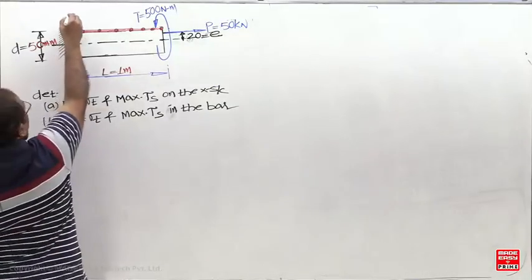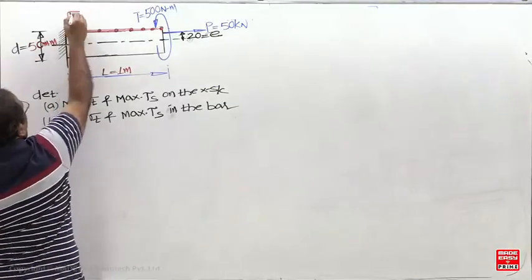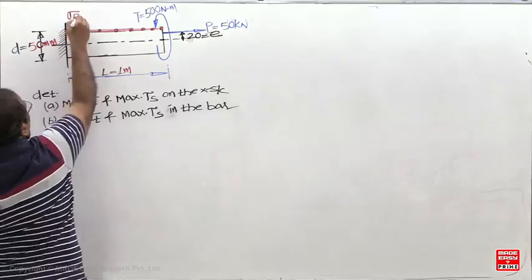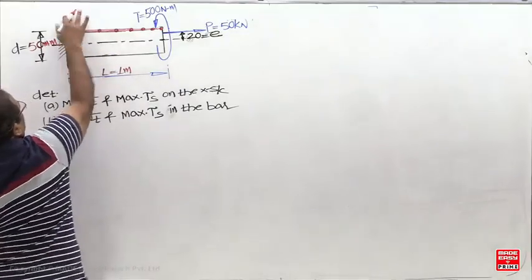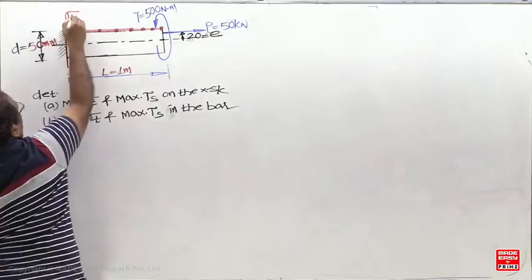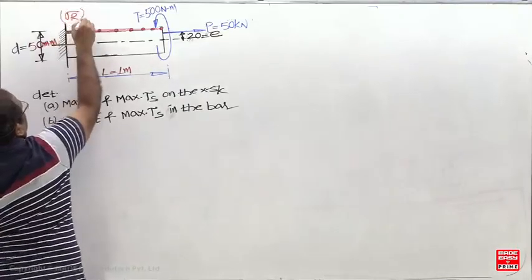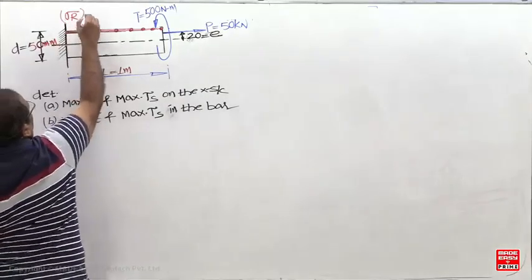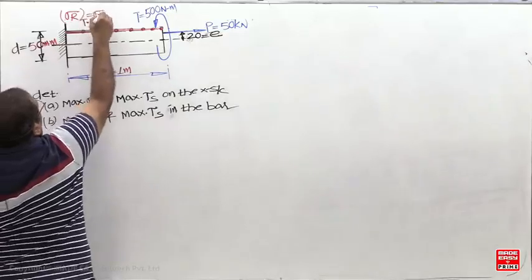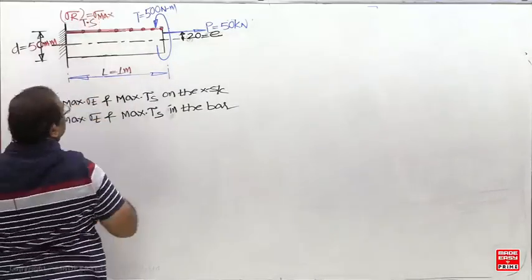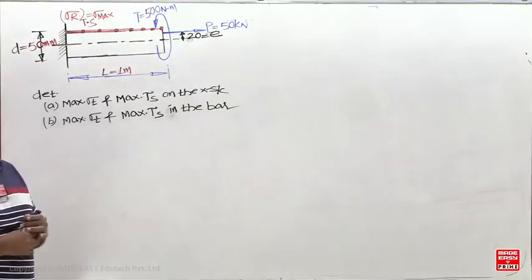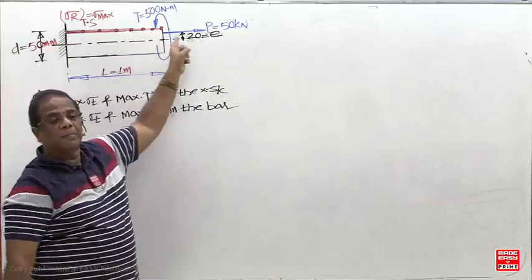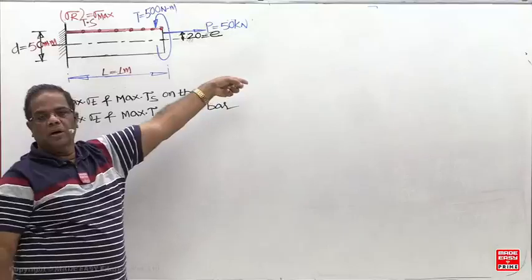Directly, which surface is this? The top surface. So the resultant stress on the top surface is maximum. Then was it a tensile or compressive load?